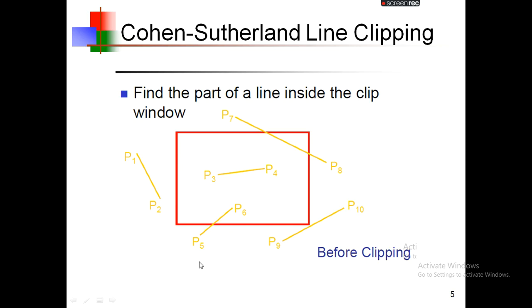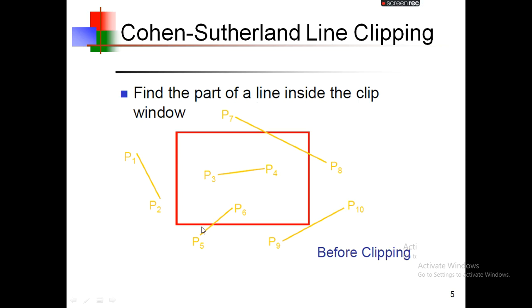Third case, you can see here, is line P5 to P6. If you see line P5 to P6, one endpoint of the line segment lies outside the clipping window and one endpoint lies inside the clipping window. So when one endpoint is inside and one endpoint is outside, we need to determine the intersection point.